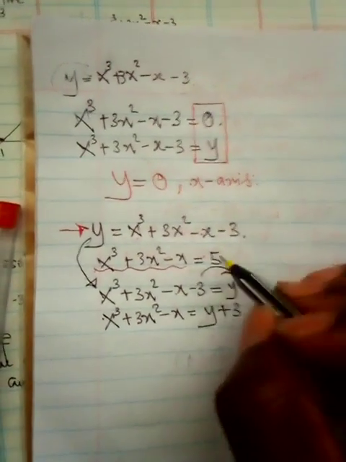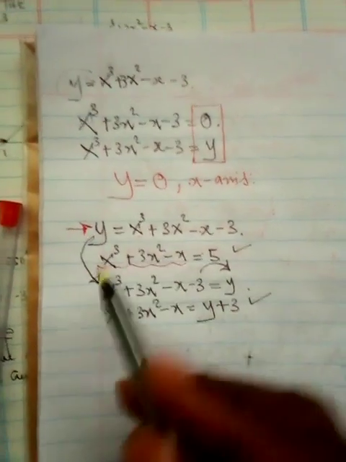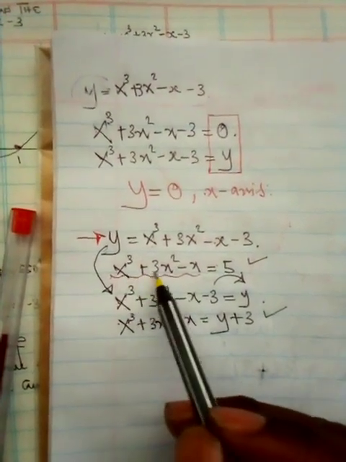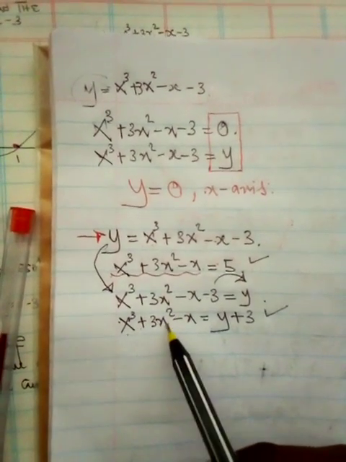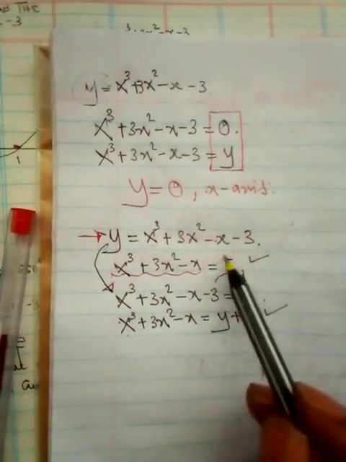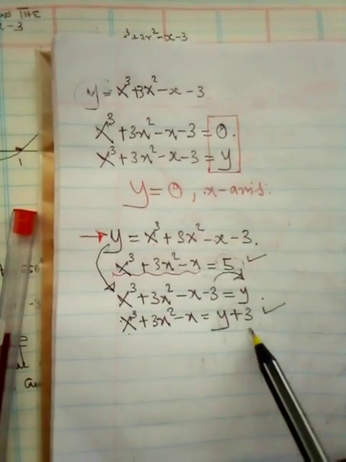So if we compare this guy and this guy, you're going to see that this is x to the power 3 plus 3x squared minus x. This is also x to the power 3 plus 3x squared minus x. But this is being equal to 5. This is being equal to y plus 3.